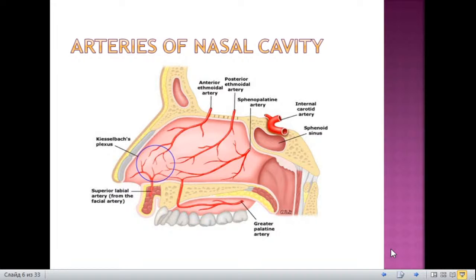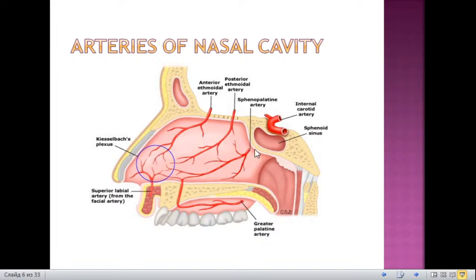So it receives the following branches. Look here, the upper part of the nasal cavity gets blood from the anterior ethmoidal artery and posterior ethmoidal artery. Both ethmoidal arteries are branches of the ophthalmic artery, which is a branch of the internal carotid.